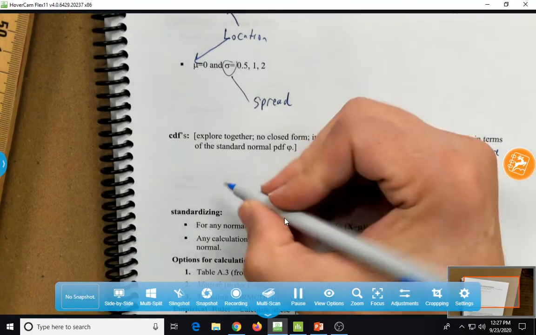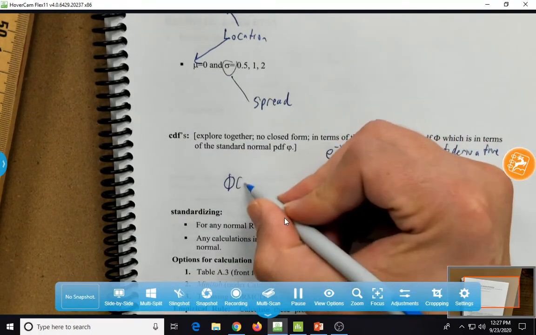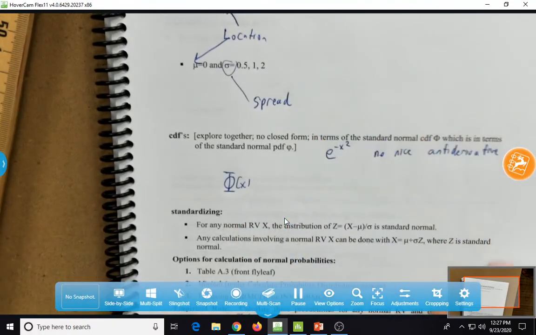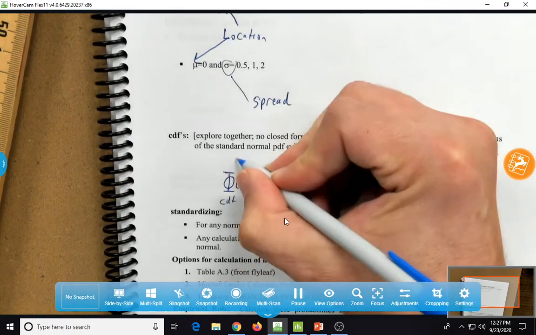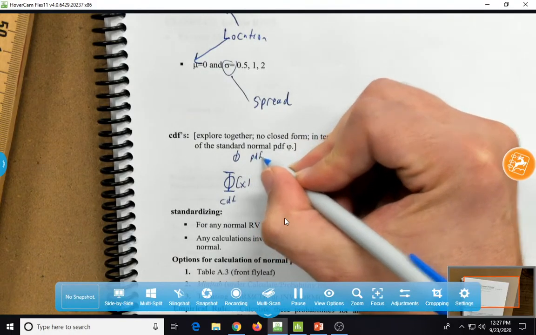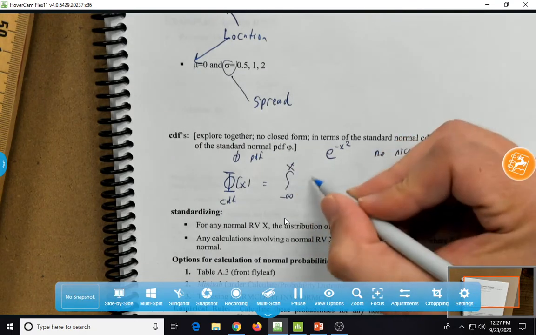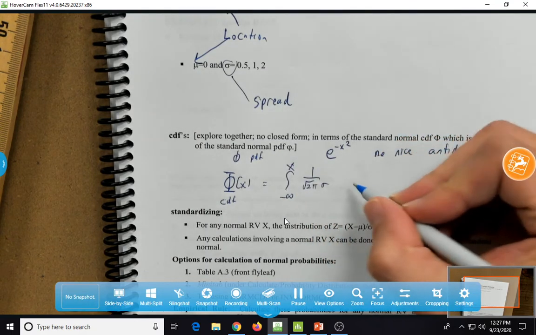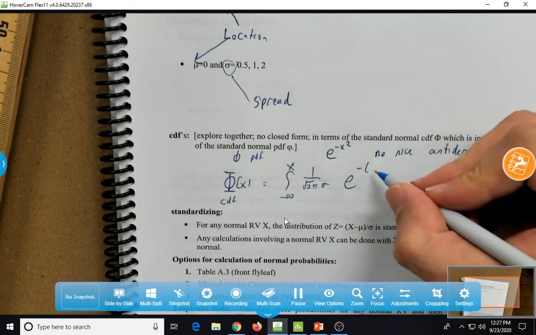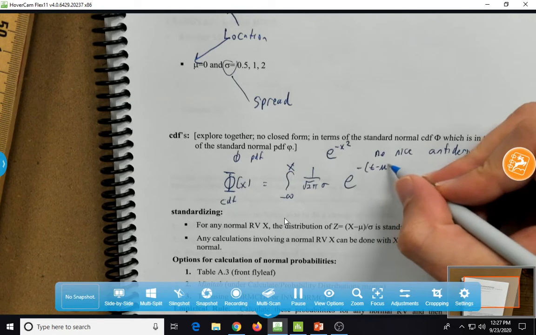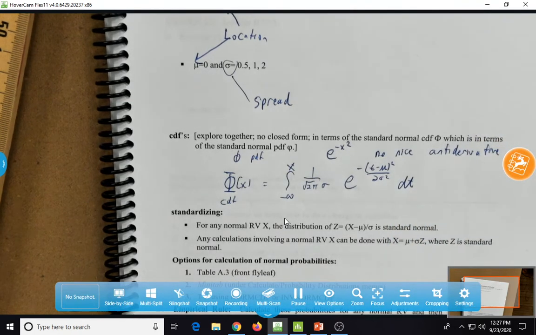So the only thing that we can say is, hey, we're going to call this the CDF. We put a little capital phi on there. Put 2 lines for the capital P. So this is the CDF. Lowercase phi is the PDF. And we have to integrate this from minus infinity to x of 1 over square root of 2 pi sigma e to the minus, I guess I used an x, so I should have used a z, dt.